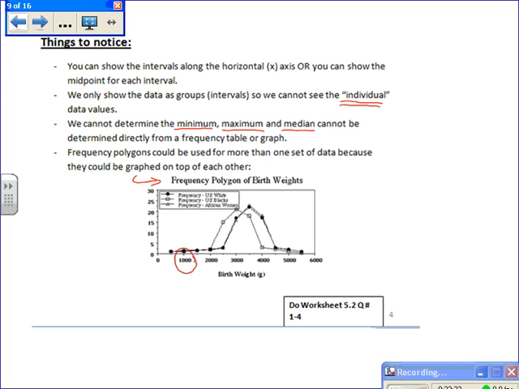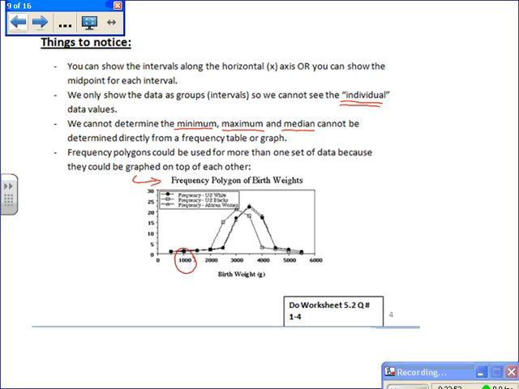This is data from the States. The first polygon is showing us the weights of Caucasian babies, and another one is showing us the weights of African American babies. We can compare sets of data by putting more than one polygon on the same graph. They're really useful for us and give us a nice visual representation.